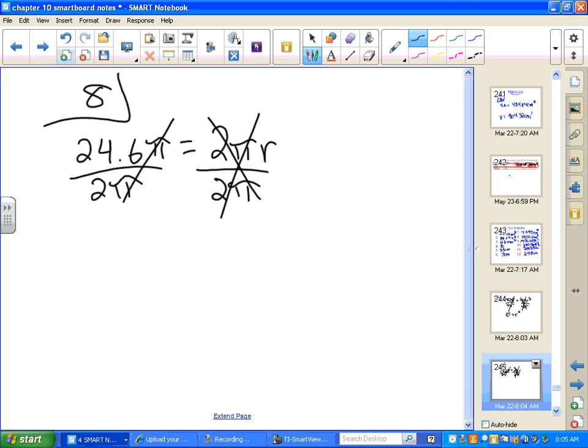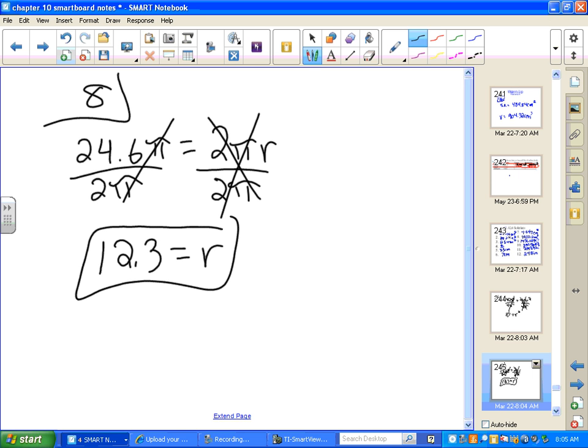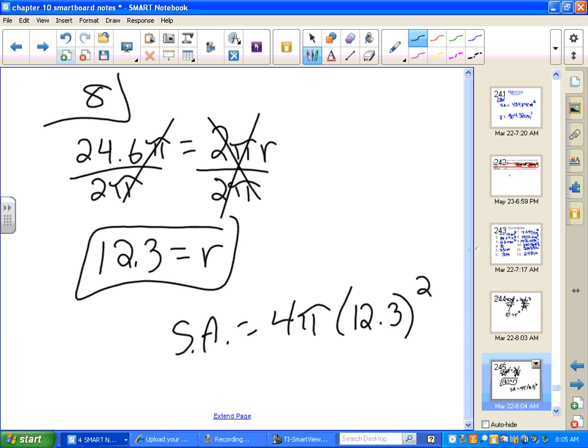Pi divided by pi is 1. 24.6 divided by 2 is 12.3, which is equal to r. And then once you have your radius, you can find surface area, which is 4 pi r squared. So 12.3 squared times 3.14 times 4 gives you about 1900.